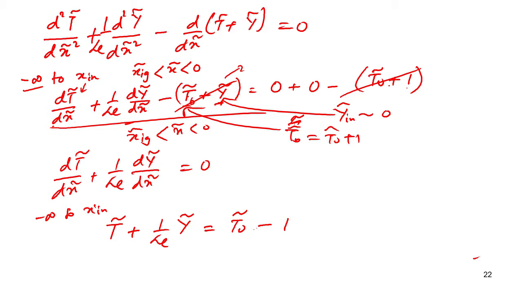Okay. So this T̃u plus 1 is nothing but T̃b. So we get Y_in is essentially equal to Lewis number times (T̃b minus T̃_in).